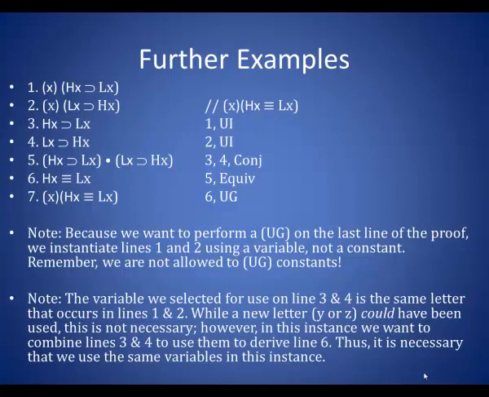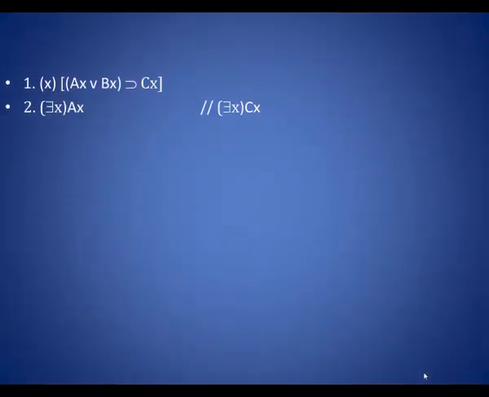Now remember, I said we could have used any letter we wanted to. I could have used a Y or a Z, but it's not necessary. And in this instance, since we want to combine lines 3 and 4 and use them to derive line 6, and our ultimate conclusion has x as its variable, it just made sense to use the same variables in this instance. Okay, hopefully you get an understanding of what's going on with this rule.